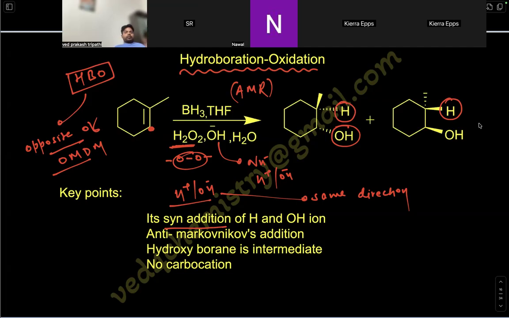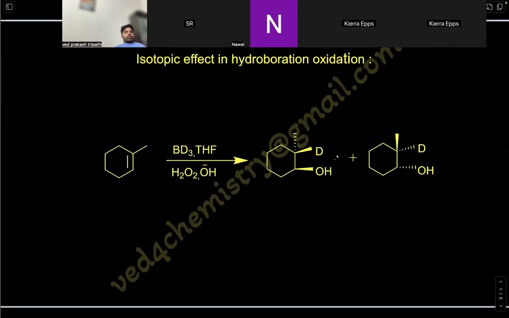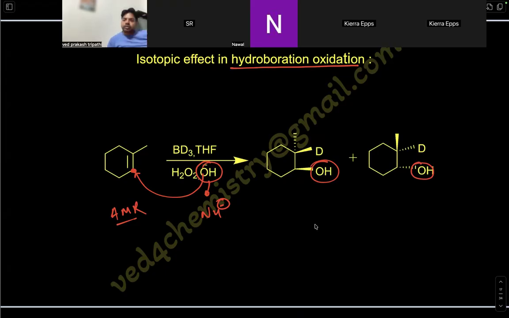Any doubt? Next is isotopic effect of hydroboration oxidation. So H2O2, OH ion, this is my nucleophile. According to anti-Markovnikov's, it would attack on the carbon which has more hydrogen. So here, so OH should be here. You can see. Do not memorize less or more substituted.